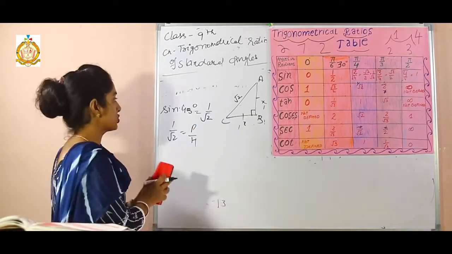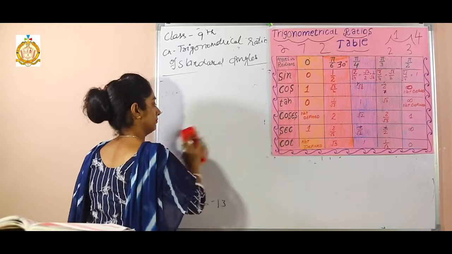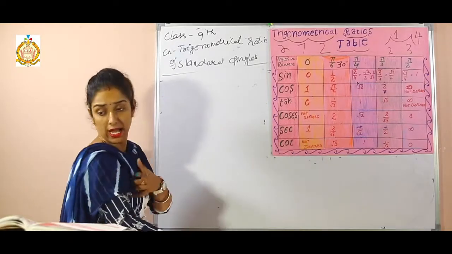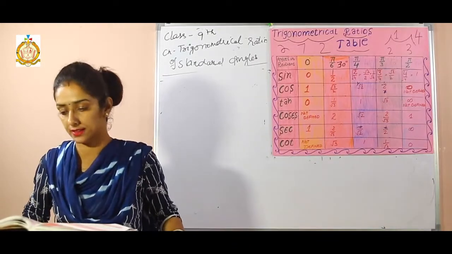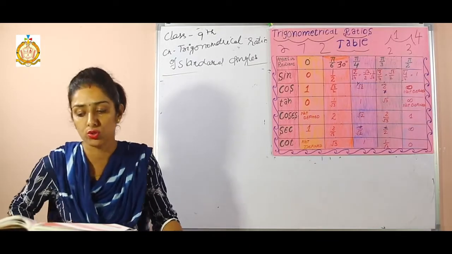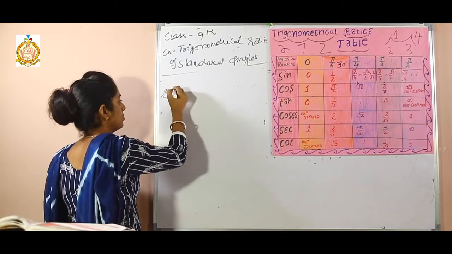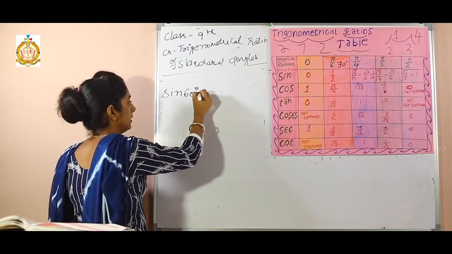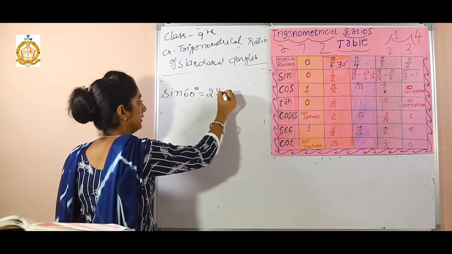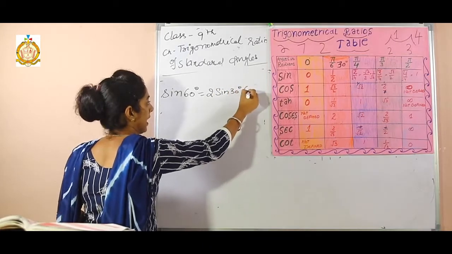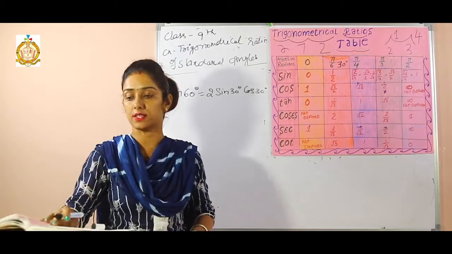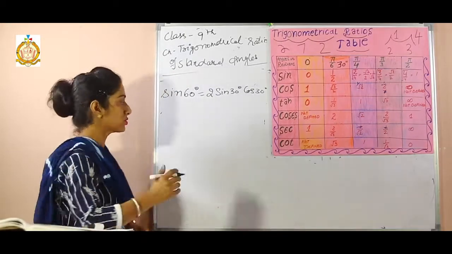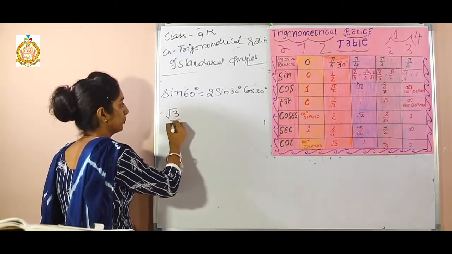Now come on the next question. Prove that sine 60 is equal to 2 sine 30 degree and cos 30 degree. Now sine 60 degree is under root 3 by 2.